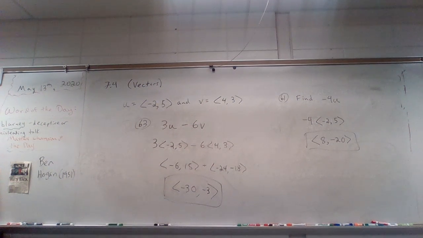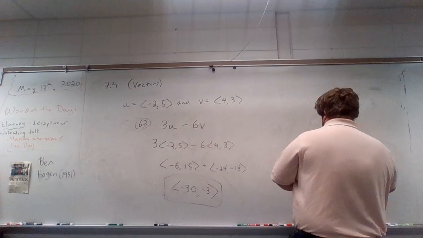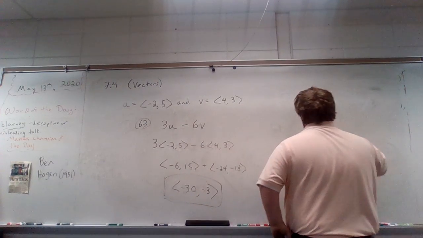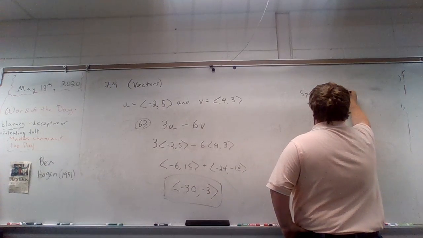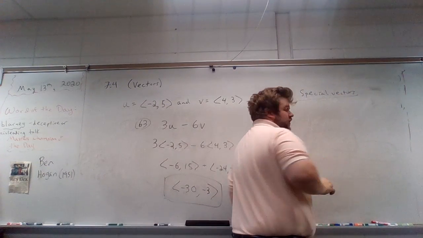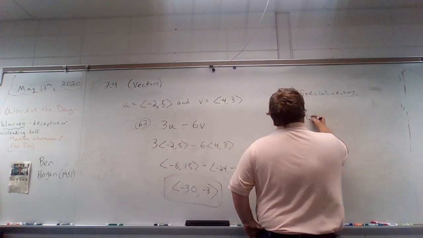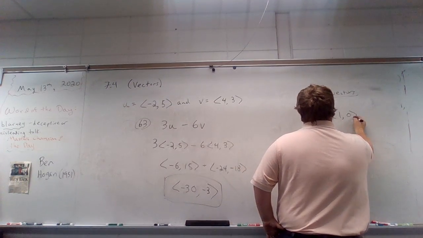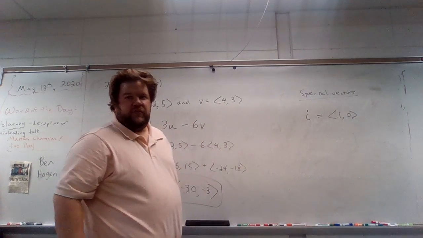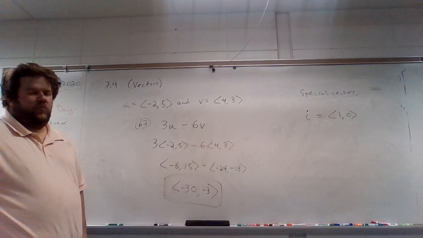Okay. All right, so I need to talk about special vectors here. There are two. There's a vector i, or unit vectors. So this vector i, that is 1, comma 0. So if you see an i in a vector context, know that that is 1, comma 0.